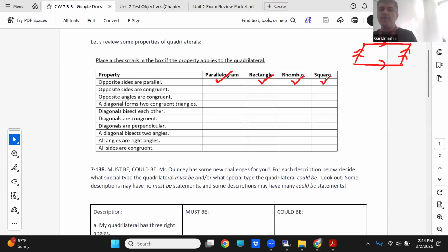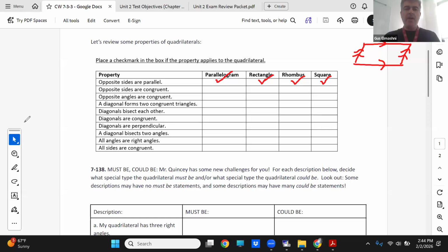Well, at the very least, that statement satisfies those definitions. So is that true for a rectangle? Yes, it is. Is that true for a rhombus? Yes, it is. Is that true for a square? Yes, it is. So all we're doing right now, if you think about it, is kind of doing could be statements. Or just, is it true for that? Is it alone? Alone, could I say that's enough? No, except for parallelogram. That would be alone.